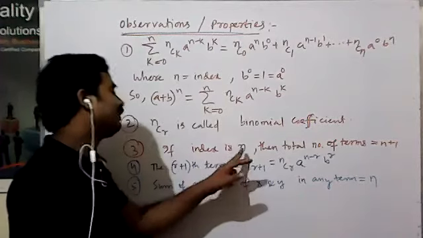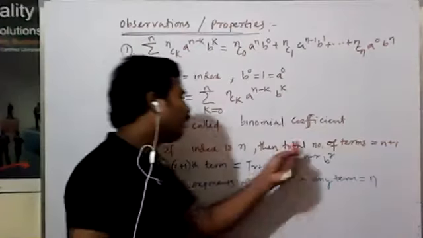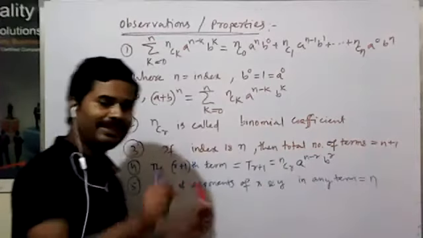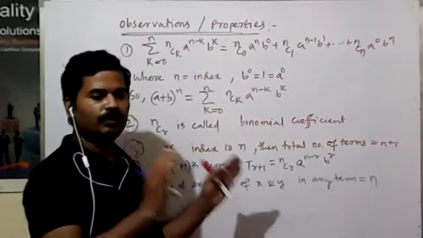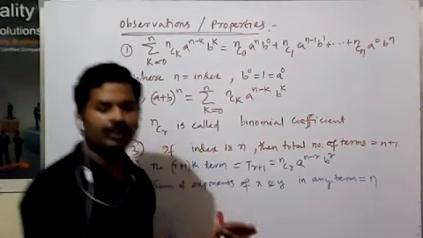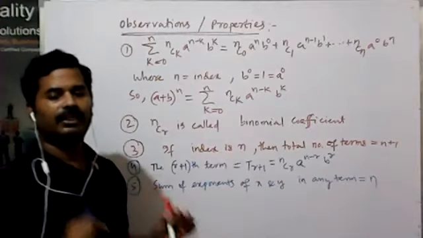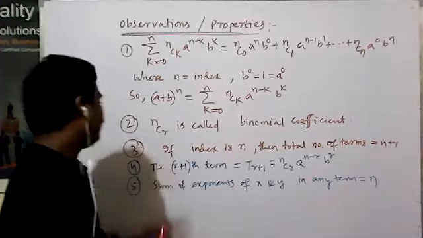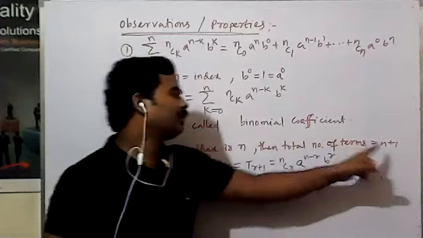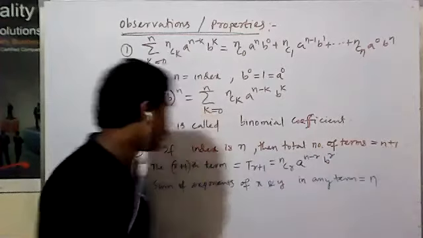If the index is n, then the total number of terms is n + 1. If the index is 5, then the total number of terms is 6. If the index is 4, then the total number of terms is 5. Similarly, if the index is n, then the total number of terms is n + 1.